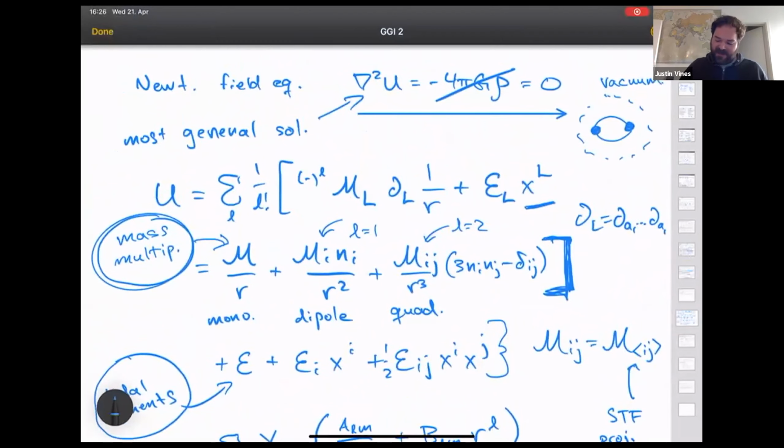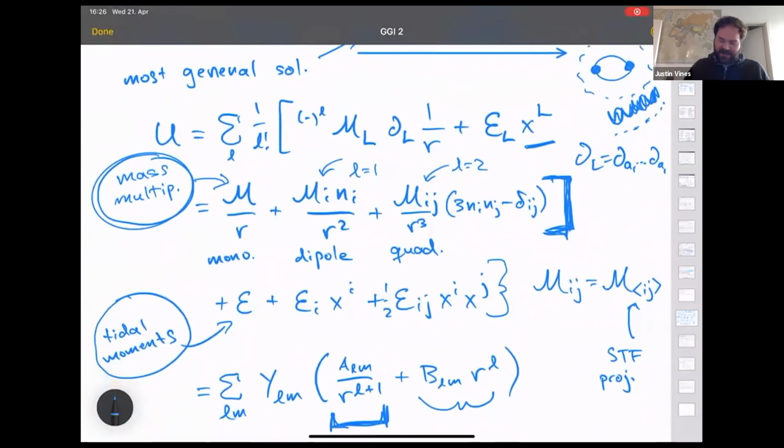So again, we're thinking about a solution to the vacuum field equations in this vacuum region surrounding our binary. We want the source that's in there to be our entire binary. But in general, it could be immersed in an external universe.